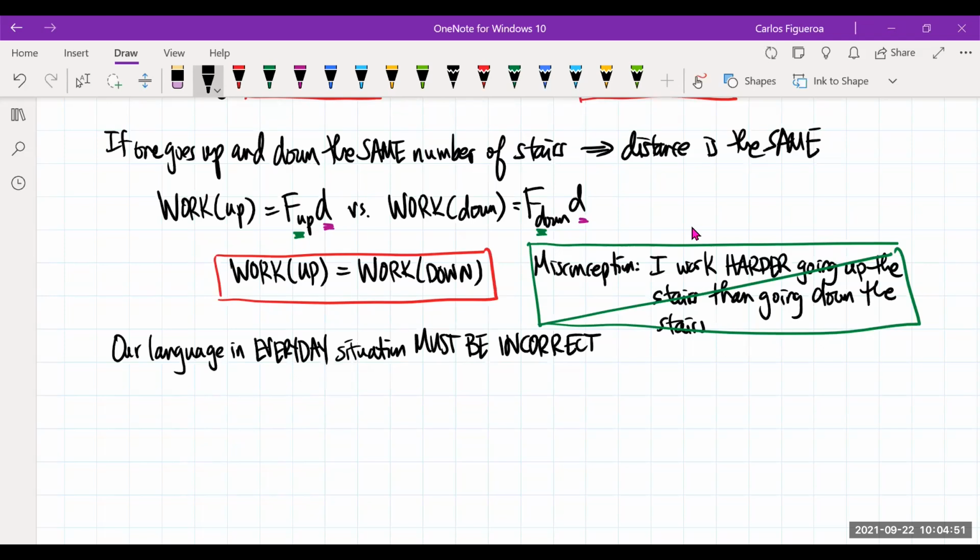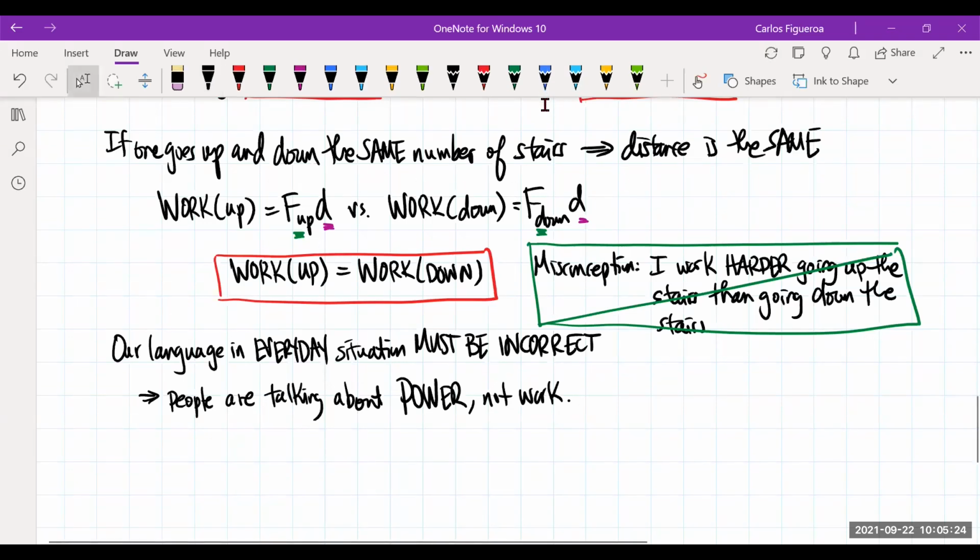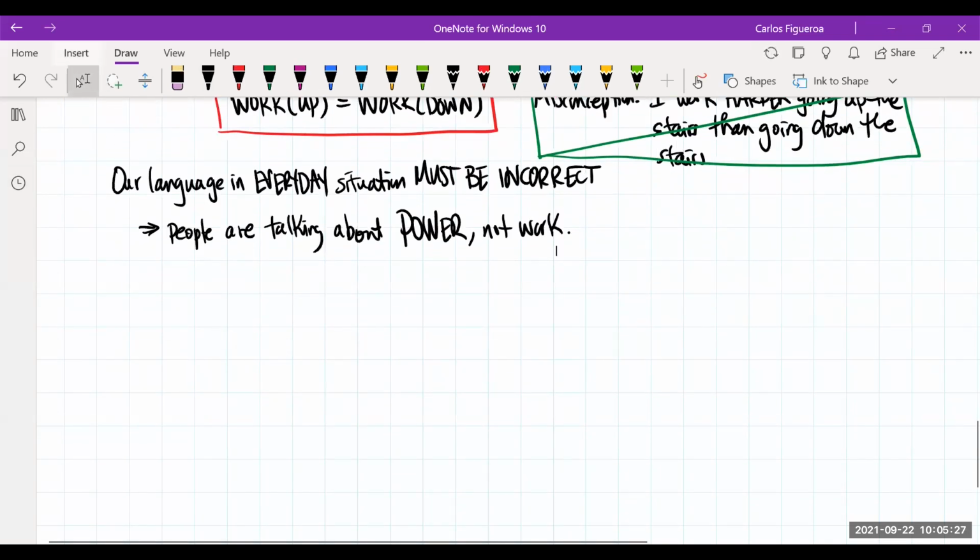What we find here is that people are talking about power, not work. So your power output going up the stairs is higher than your power output coming down the stairs. That's what we should really be saying, but that's not everyday language.